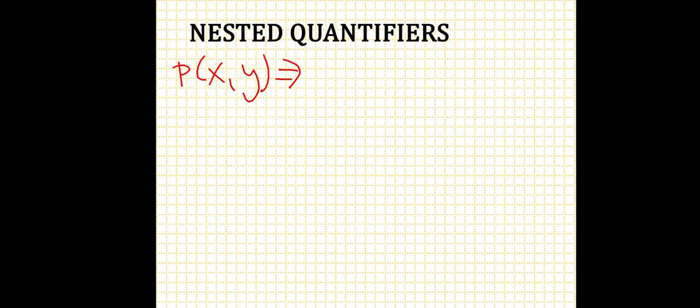Okay. So, our P(x, y) is x plus y is equal to 10. So, there exists lang daw, no? There exists x. So, ano yung truth value niya for all y? So, there exists.